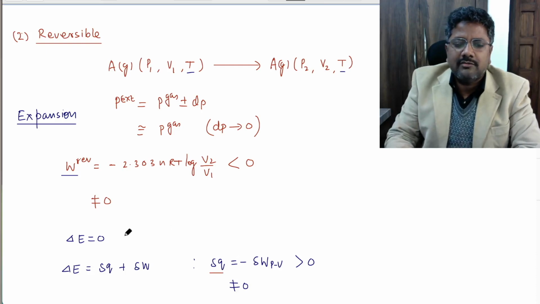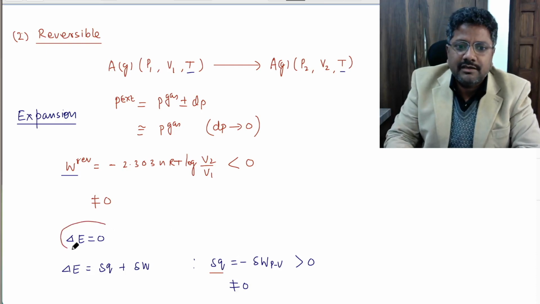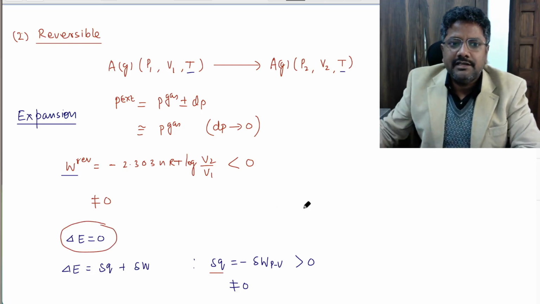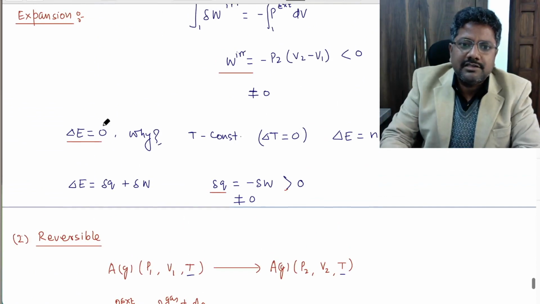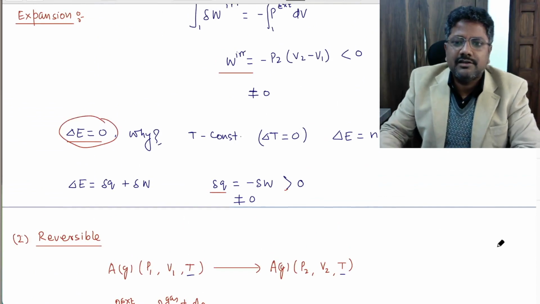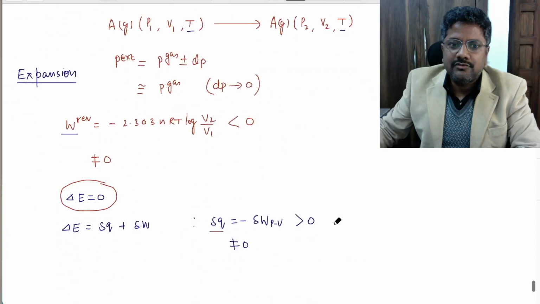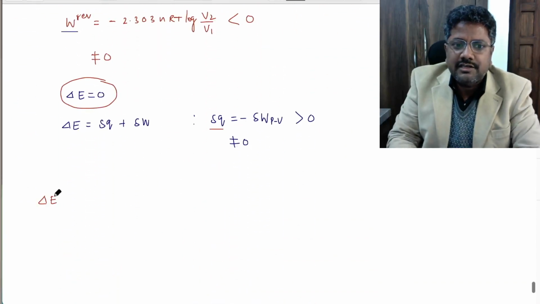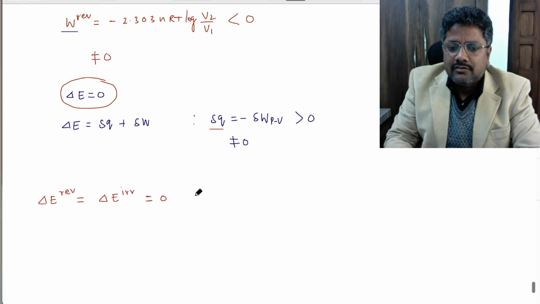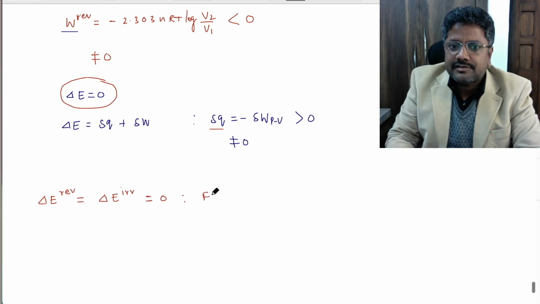One very remarkable point you have here: delta E is equal to 0 in case of reversible, and delta E is equal to 0 in case of irreversible also. So you can say that the internal energy change, delta E reversible, is equal to delta E irreversible, and this is equal to 0 for an isothermal process.